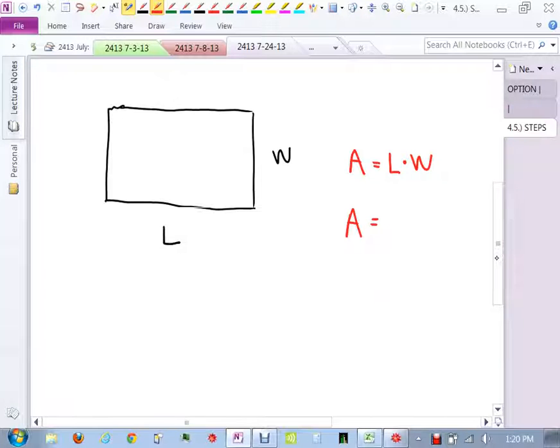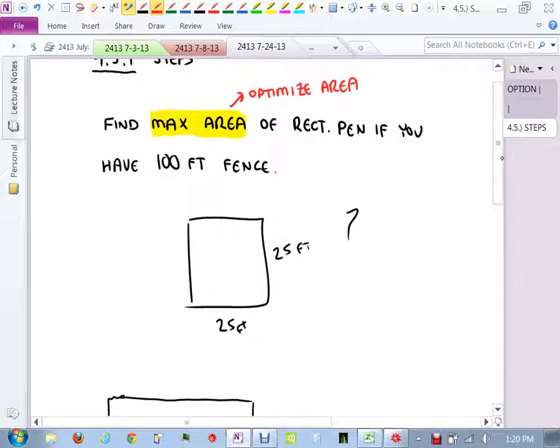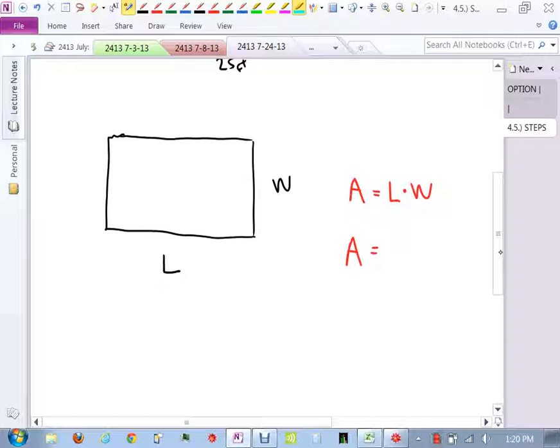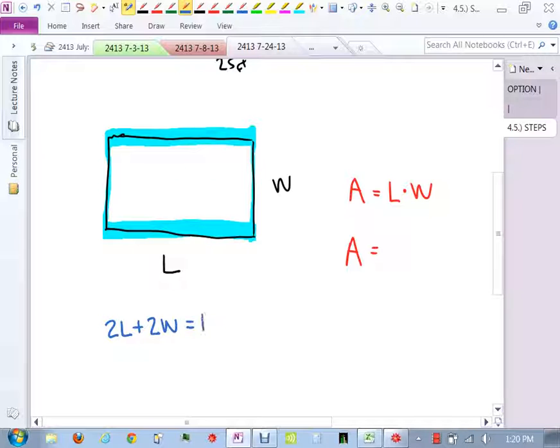So what have I not used in this problem? I have 100 feet of fence, right? Haven't used it. Well, how does that relate to my picture? That means the entire distance around this thing has to be 100, right? That's right. So that means that 2L plus 2W equals 100?